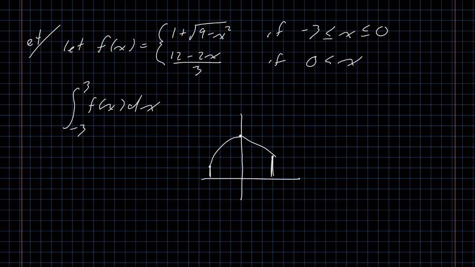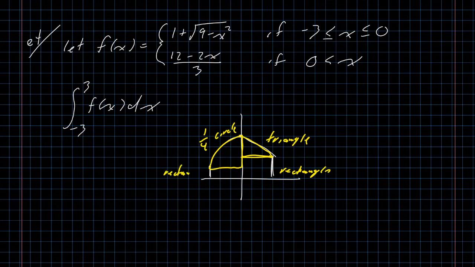Let's use a thicker line. I've got a quarter of a circle. I've got a triangle. I've got a rectangle. And I've got another rectangle.